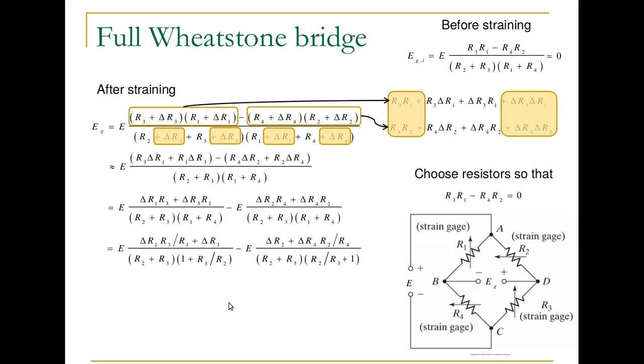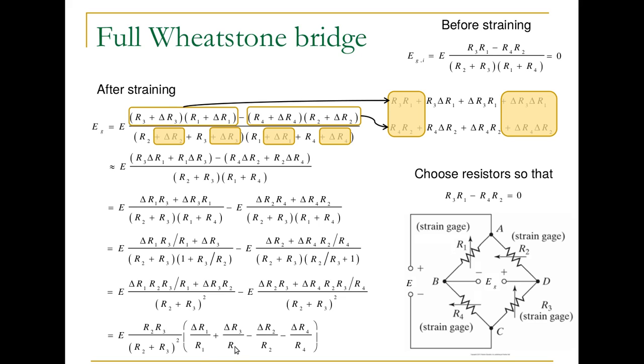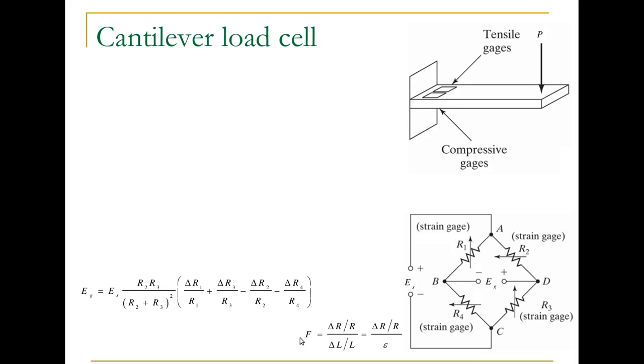Then we'll make the substitution that R4 over R1 is equal to R3 over R2, and that allows us to get a common denominator. And so we end up with this expression for our measured voltage in terms of our change in resistances.